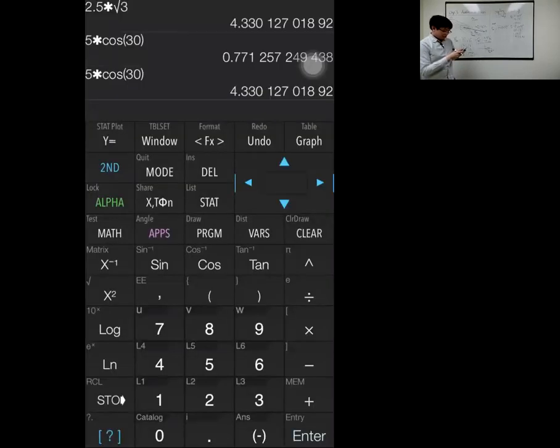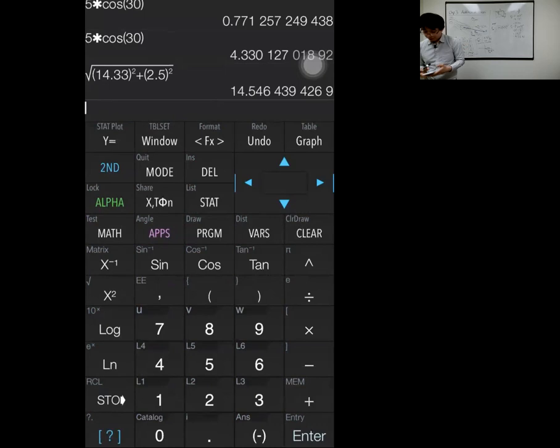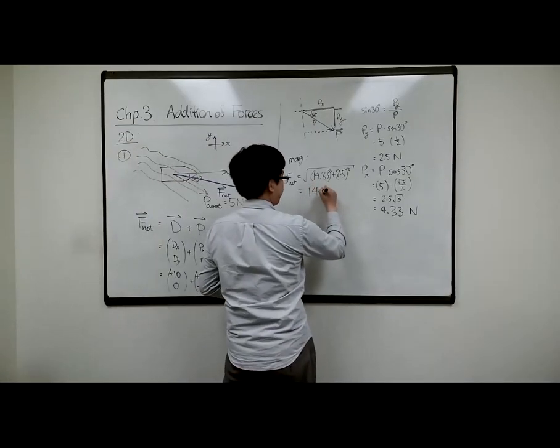Square root of 14.33 squared plus 2.5 squared, enter. That's 14.54. So this is my final answer, and I can put it in one decimal place, which will be 14.5. So we'll put that here, 14.5.